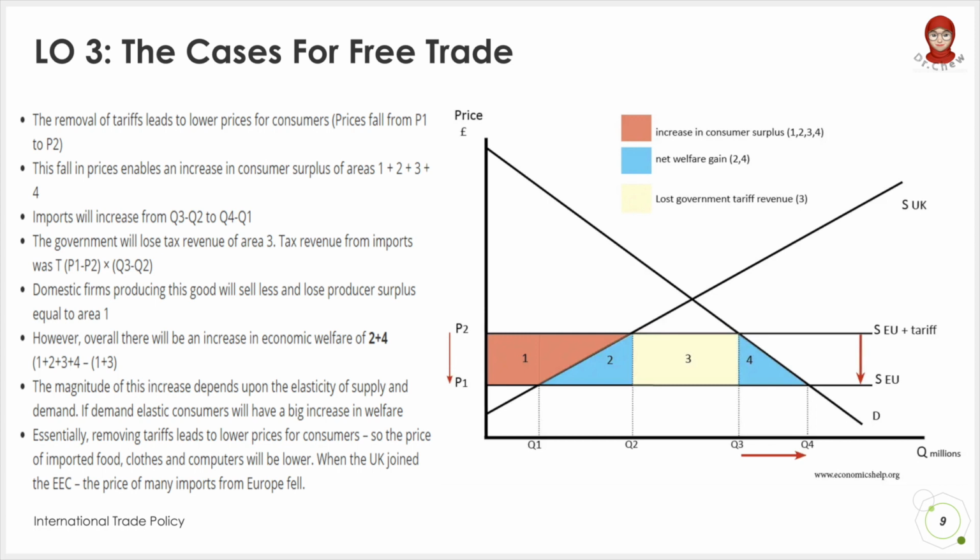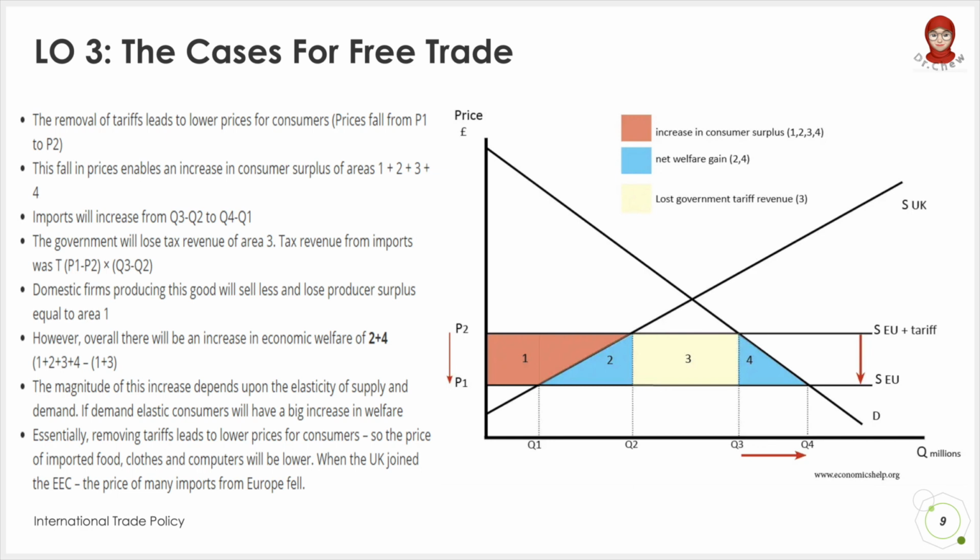Here is an example to show the cost and benefit analysis when we remove tariff on imported goods. First of all, the removal of tariffs will lead to lower prices for consumers. Prices fall from P1 to P2.